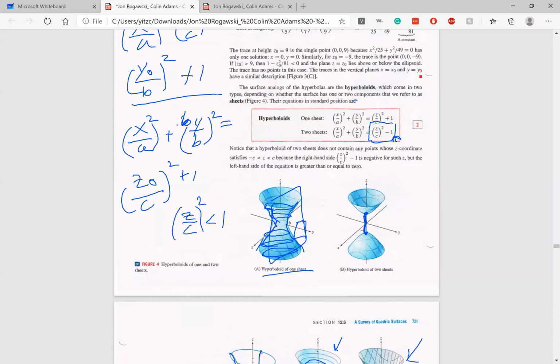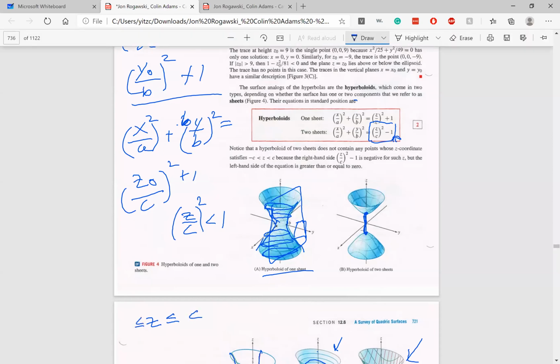Do you mind explaining what happens when c is smaller than 1 again? So when we have this equation over here, that would mean that z is less than or equal to c and bigger than or equal to negative c. So for any of these z's, if you plugged it in, you would get that this thing is less than 1, right?